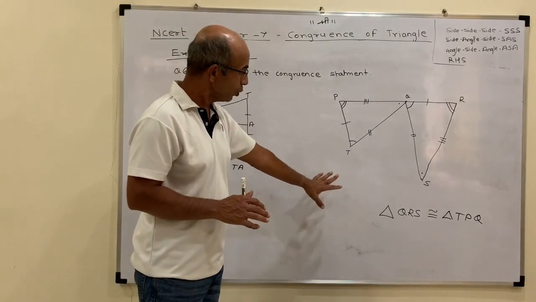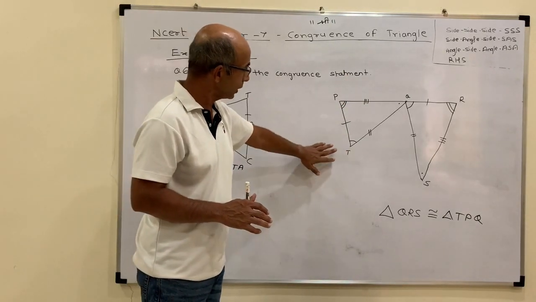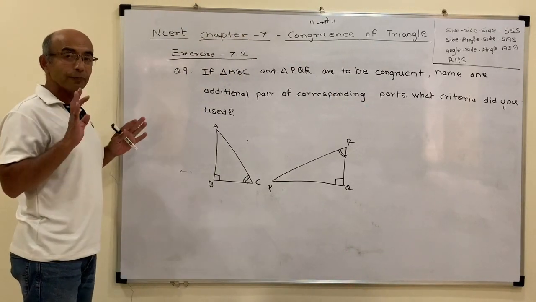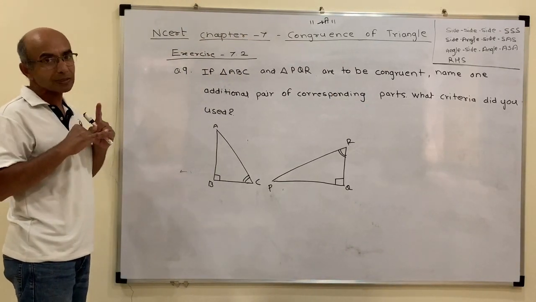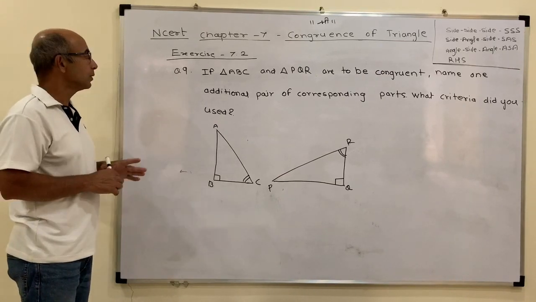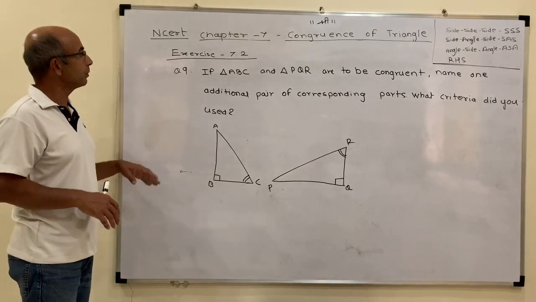Okay, so this is QRS is congruent to TPQ. Now, purposefully I have skipped questions 7 and 8 as those questions require you to draw something. So I'm leaving that to you and I'm jumping on to question number 9.